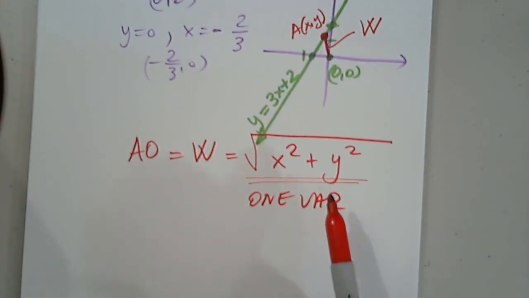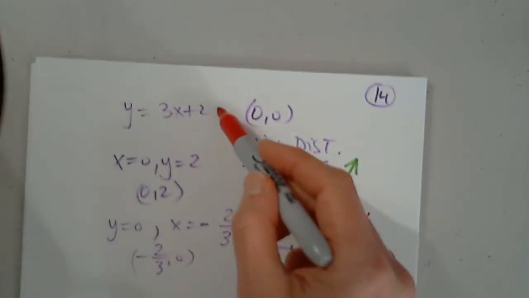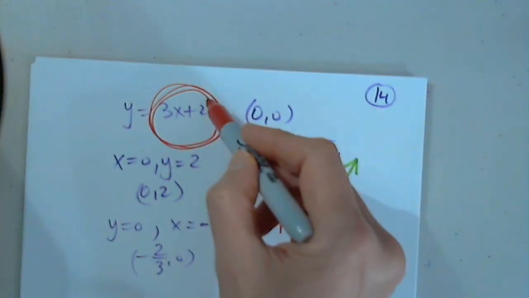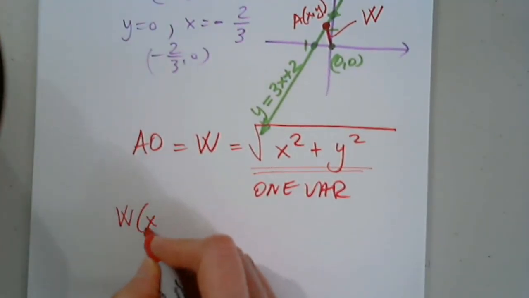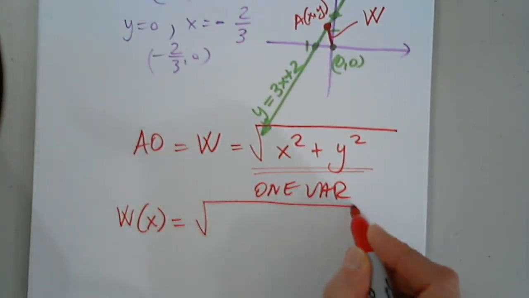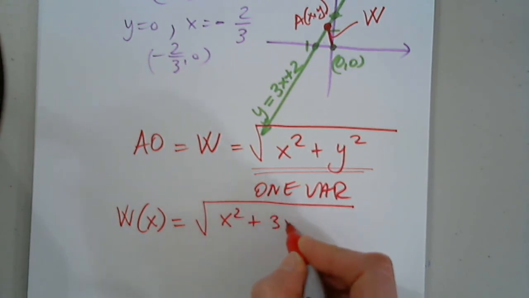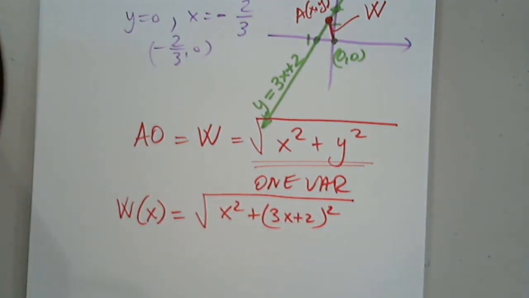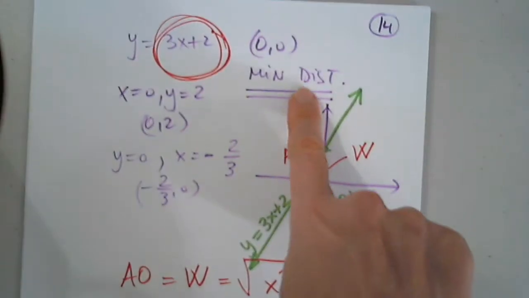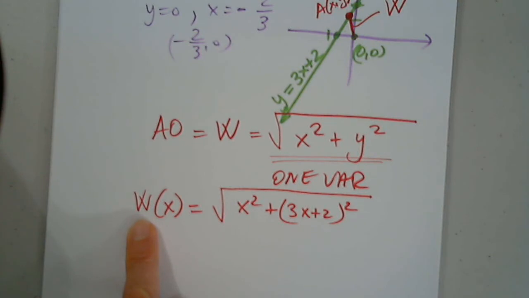Not a problem, because I know that y is 3x plus 2. So then W now is a function of x, keeping in mind that I have x squared plus 3x plus 2, everything squared. So I want to minimize W.